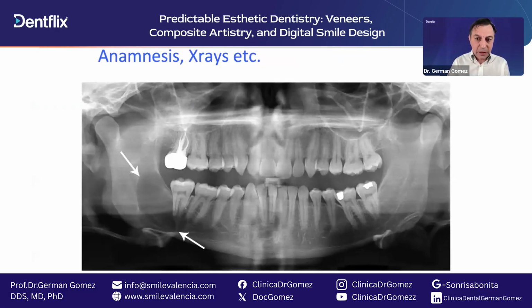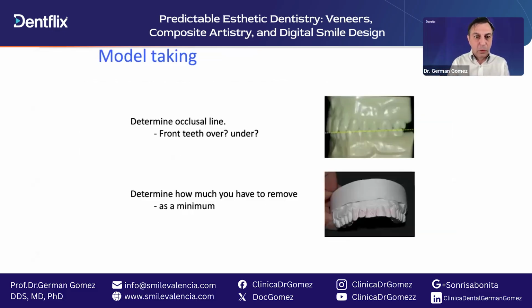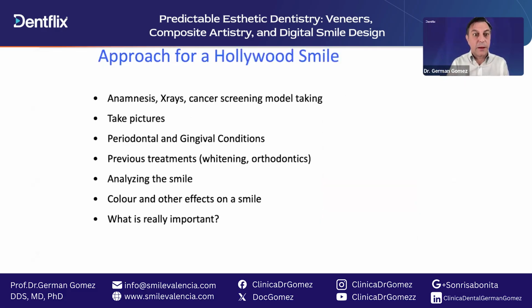Anything we can see that has to be addressed beforehand has to be done before we do everything. Then, by scanning, we can determine the occlusal line, the frontal teeth, are they under or over the occlusal line? And we also determine how much we will have to reduce the enamel later in order to get a beautiful smile at the end.